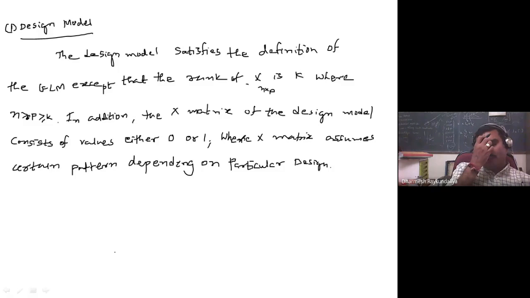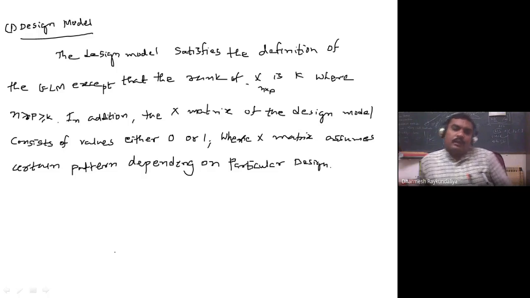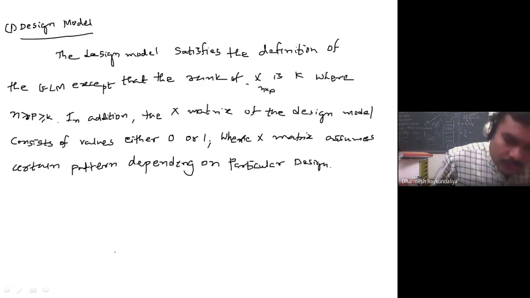Now the thing is, even when you are studying design of experiment, the basic theory which we are going to use is general linear models. So whatever theory we study for the general linear model, the same theory you will apply next semester when you study design of experiment. Here the design model has X as a certain pattern matrix which takes either value 0 or 1, and the rank of matrix X is k, and whatever treatments we have selected in our design are fixed.